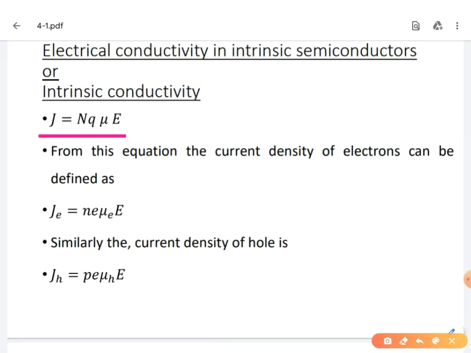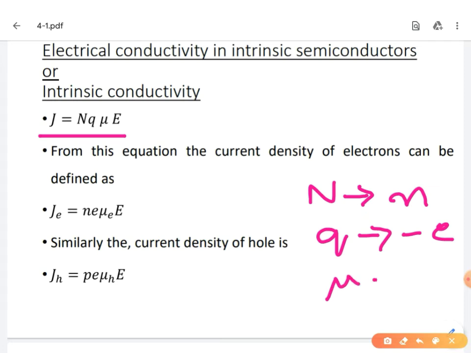Here, capital N is replaced by small n because the carrier concentration of electrons is represented by small n, and Q is replaced by minus e because the charge of the electron is minus e. Next, mu is replaced by minus mu suffix e.